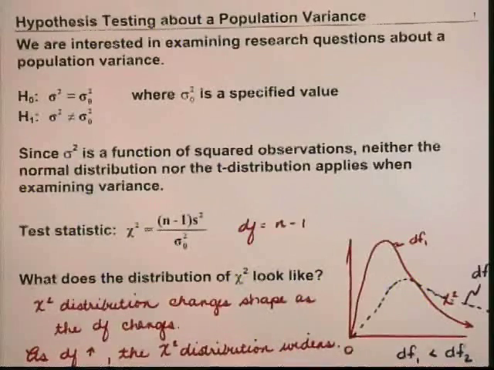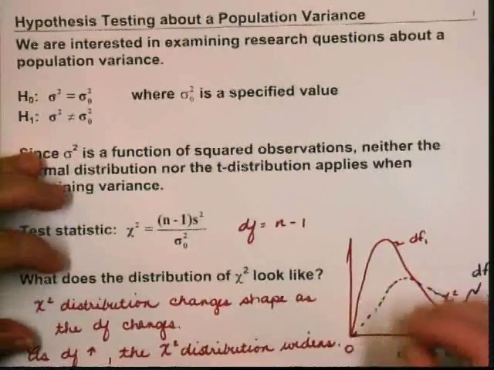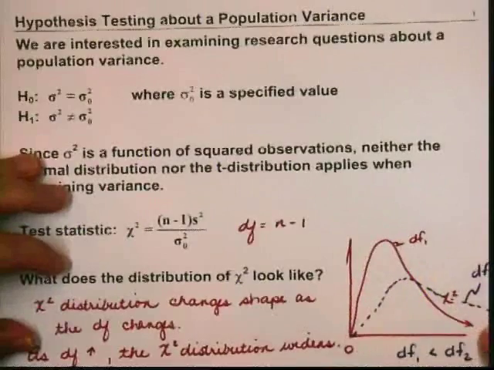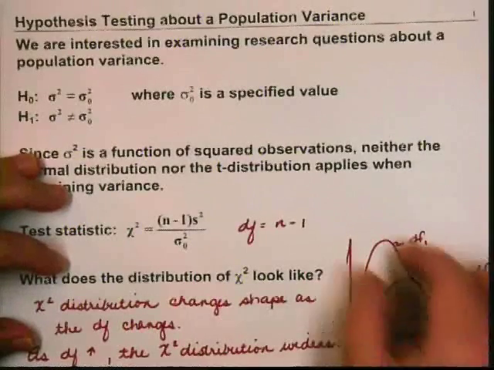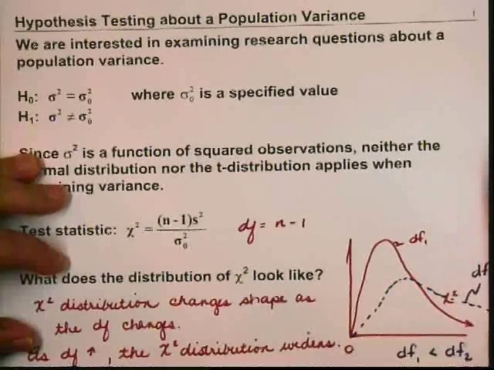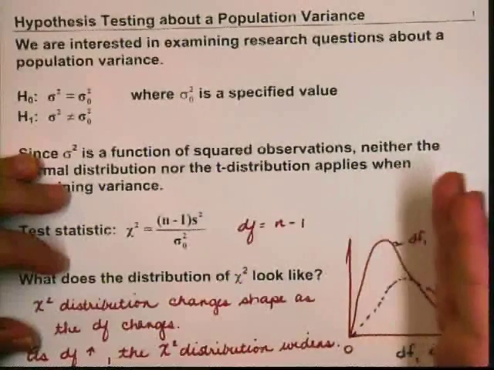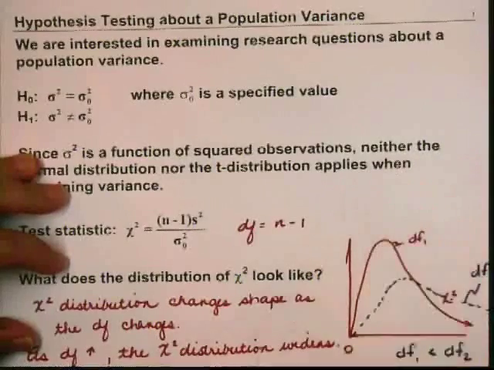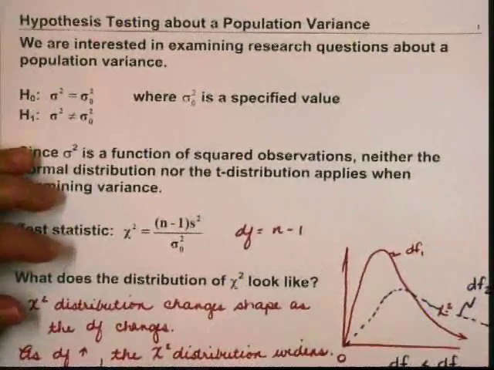As the degrees of freedom changes, remember the area under both these curves has to be 1. As the degrees of freedom gets larger, this distribution gets pushed out away from 0. As the degrees of freedom get smaller, this distribution becomes more compressed against the vertical axis at 0.